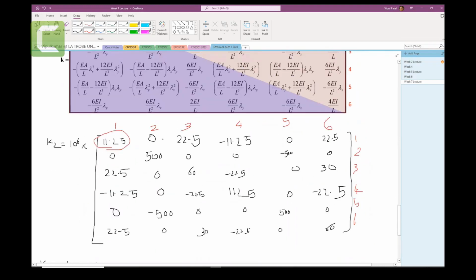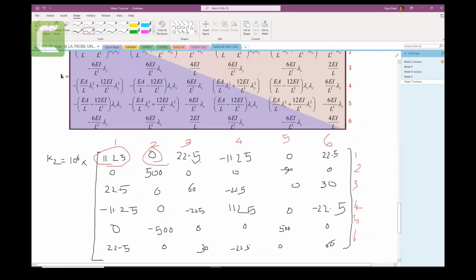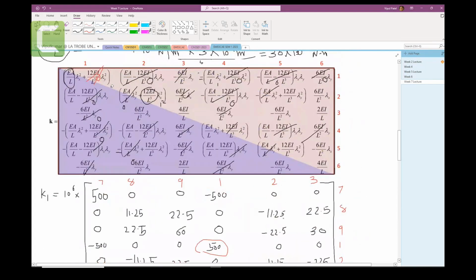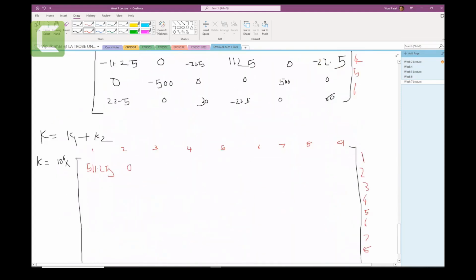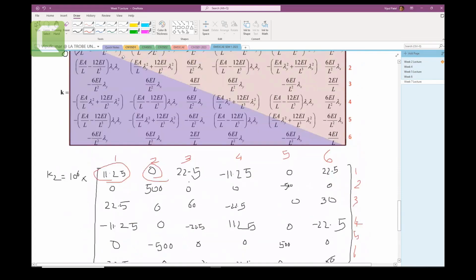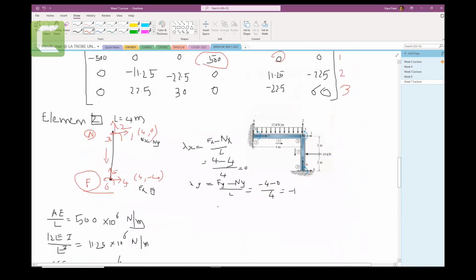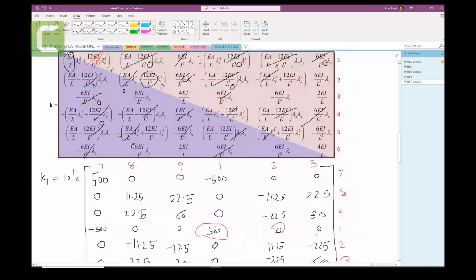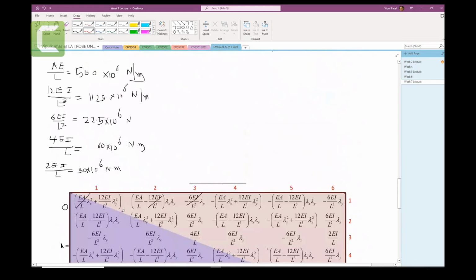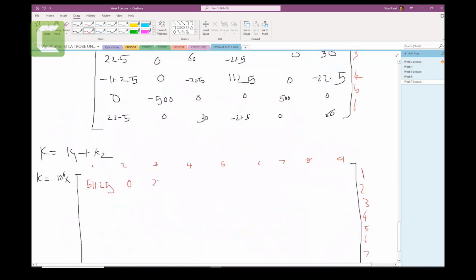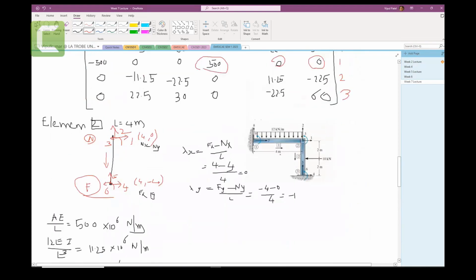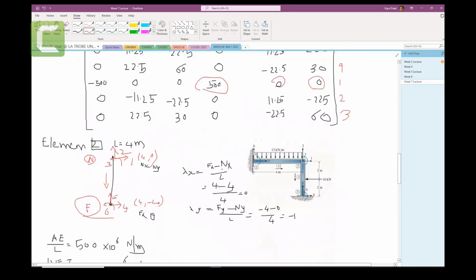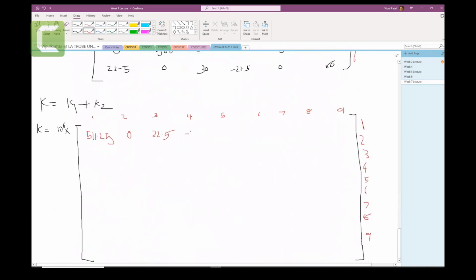Column 2, row 1: 0 and 0, so you get 0. Column 3, row 1: 22.5 and 0, so 22.5. You understand that? And column 4, row 1: there is nothing here, so just minus 11.25.